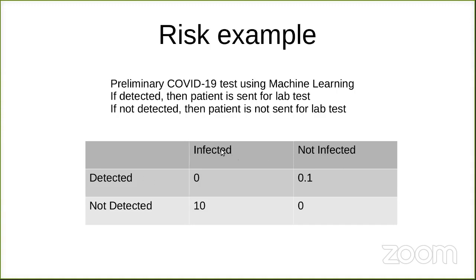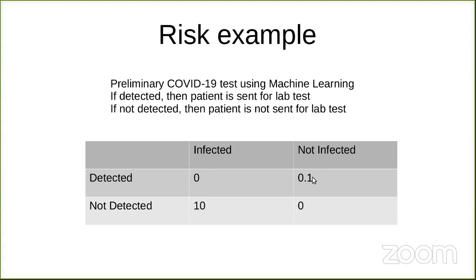Omega is basically either the person is actually infected, or the person is actually not infected. Now, if the person is infected and your machine learning model detects it, then the risk is zero because you did a good job. And if the person is not infected and your machine learning model also says it's not infected, then it's fine. There is no cost associated.